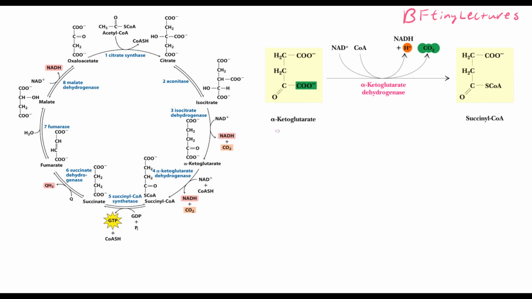We will now be converting alpha-ketoglutarate into succinyl coenzyme A. Now, this is the second oxidative reaction. Essentially, you're just converting the energy in alpha-ketoglutarate into succinyl coenzyme A. We have this energy that we need to store because right now it's not thermodynamically stable.